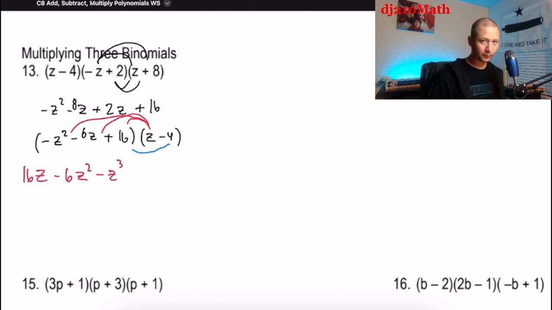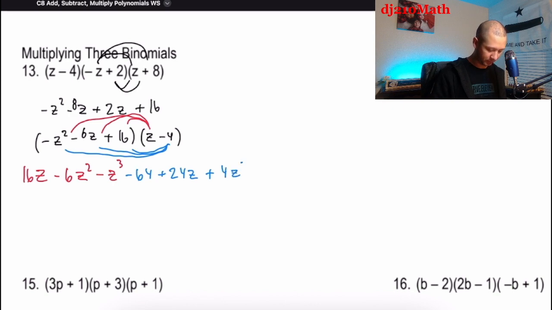All right, so 16 times 4, negative 64. Positive 24z, and then positive 4z squared.